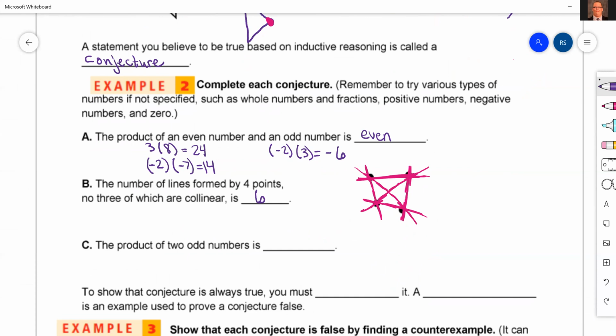Okay, C, they ask us to determine what the product of 2 odd numbers is. Again, we've got to test, they tell us odd, but we've got to test positive and negative numbers. So let's see, I'm going to start with 2 easy ones. -1 times -3. That gets you +3.